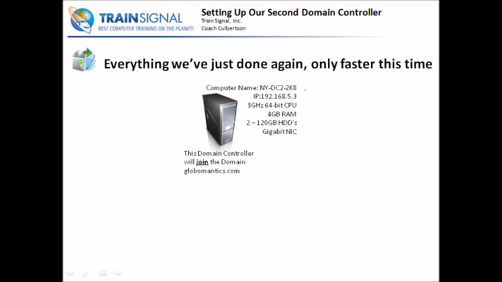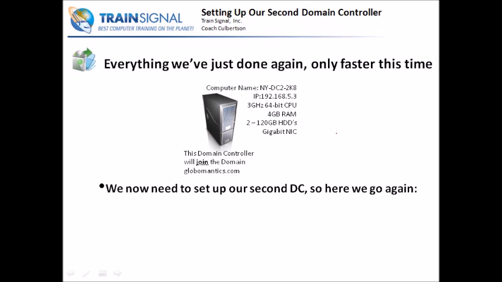Now, of course, New York DC2 isn't named that yet. We have to do an installation of our operating system. Remember, we're going to be doing bare metal installations. This domain controller is going to be joining globalmatics.com, not creating it. The hardware is identical. We just need to make some configuration option changes in the ICT, and we're going to be good to go to actually set up our DC. So here we go again.